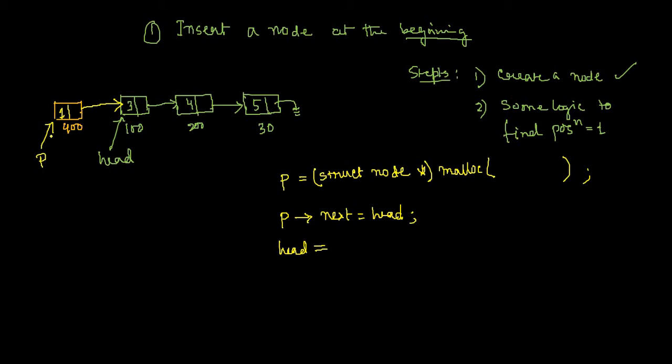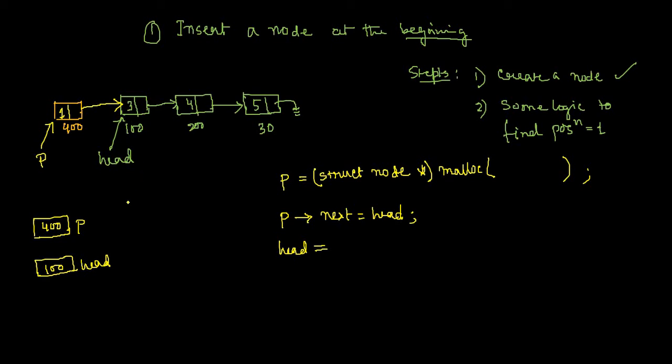Currently the content of P is 400, as P is pointing to the newly created node, and the content of head is 100, as head is pointing to the first node.